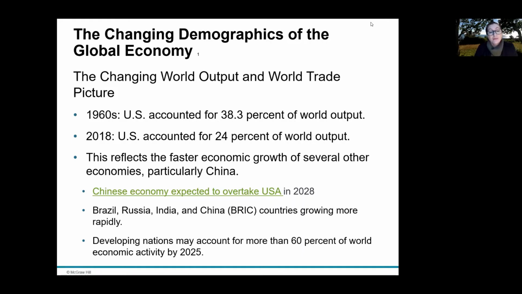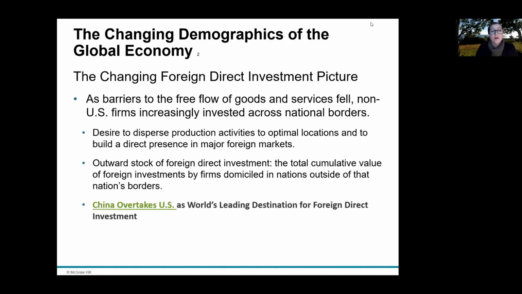And predictions indicate that the Chinese economy will actually overtake the US by 2028. Now, apart from China, other emerging economies include Brazil, Russia, and India. In fact, such developing nations may account for more than 60% of the world economic activity by 2025.